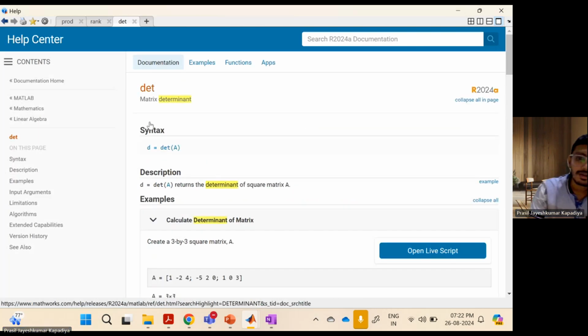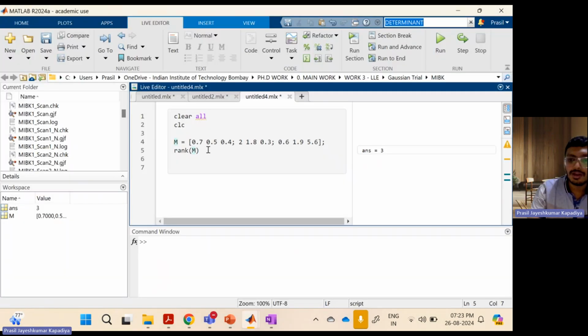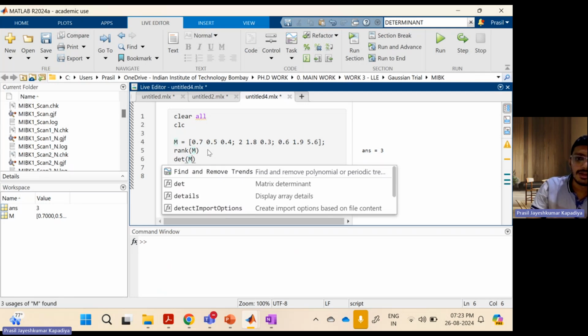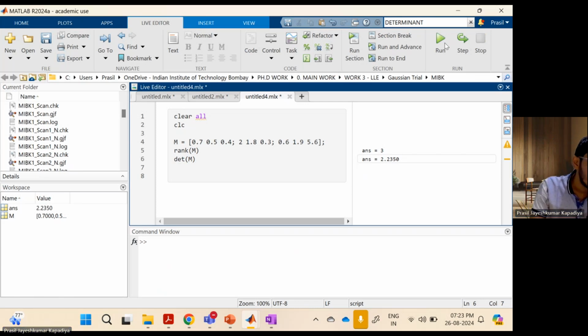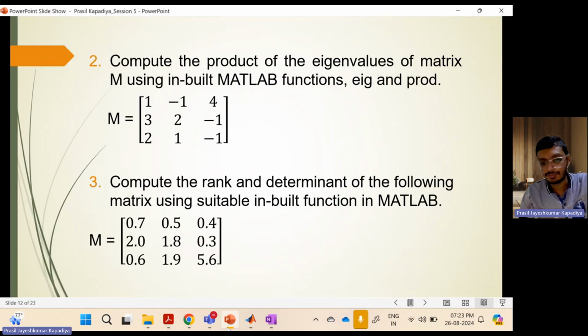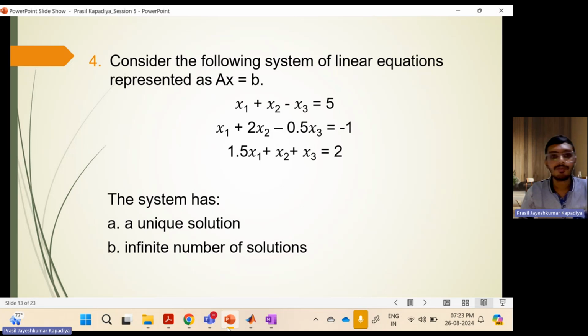I just need to write det of A, and that will give me the determinant. So I will write det of M, and that gives me the determinant of M. That is coming out to be 2.2350, whatever the answer is. So this was our third question. Now let's move ahead with the fourth question.